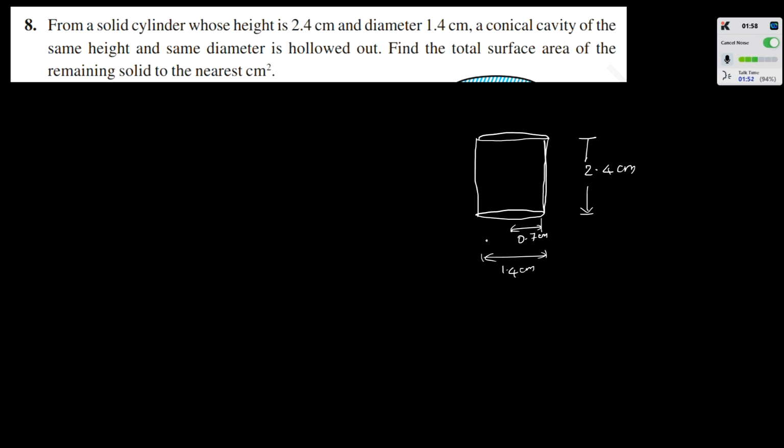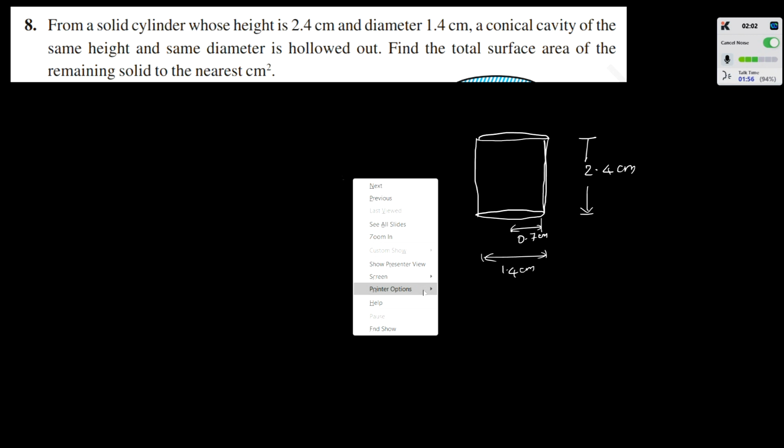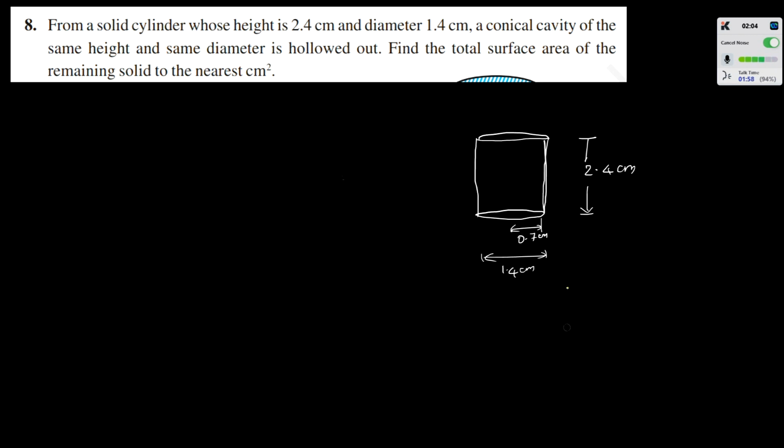A conical cavity of the same height and same diameter is cut away, so now it will look like an empty cylinder with a conical depression.